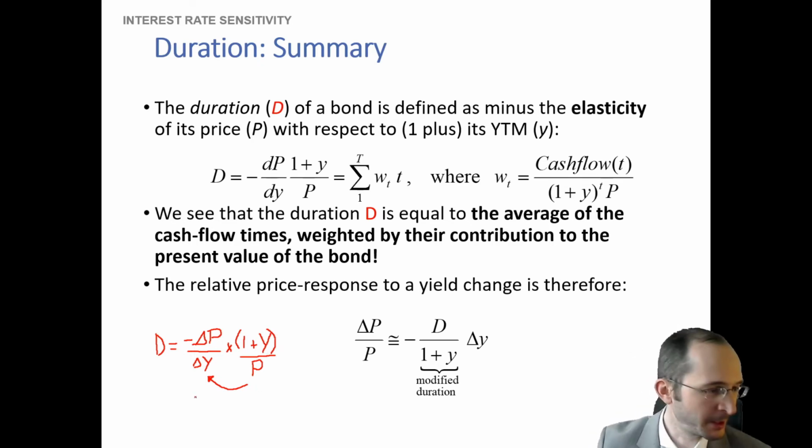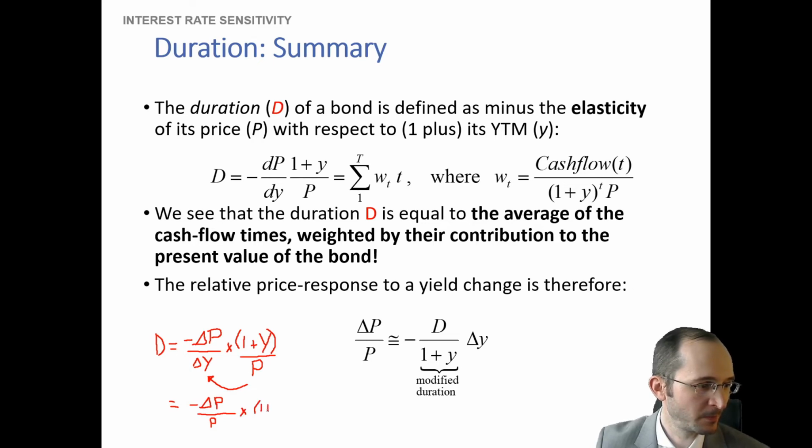And then what we will end up with is duration is still equal to negative change in price over price, times 1 plus the yield over the change in yield.